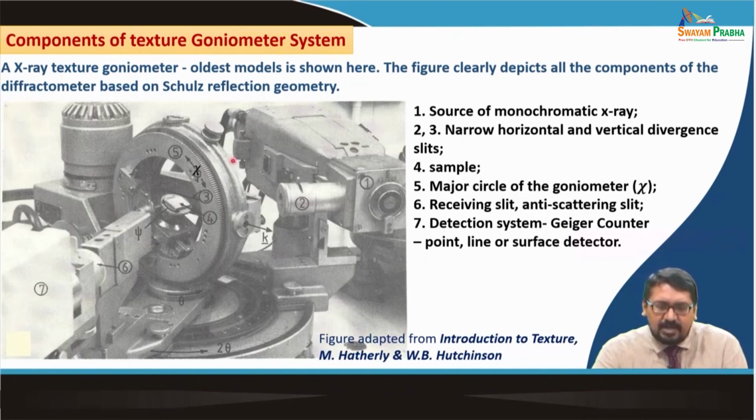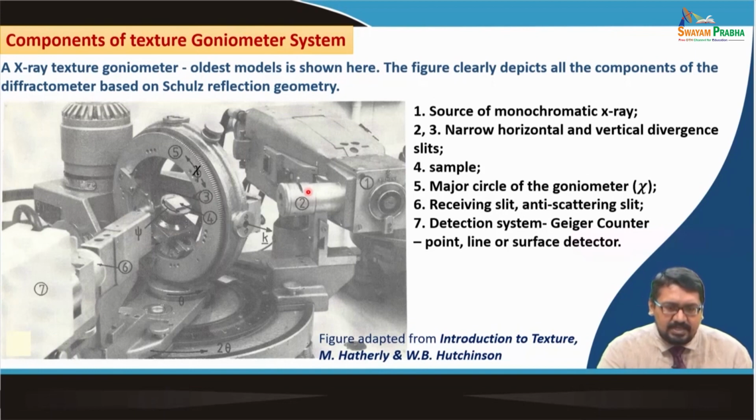This part of the goniometer is the source of the monochromatic X-ray beam. The monochromatic X-ray beam comes out here and goes to two slits which might be present inside, and they are very narrow horizontal and vertical divergence slits.